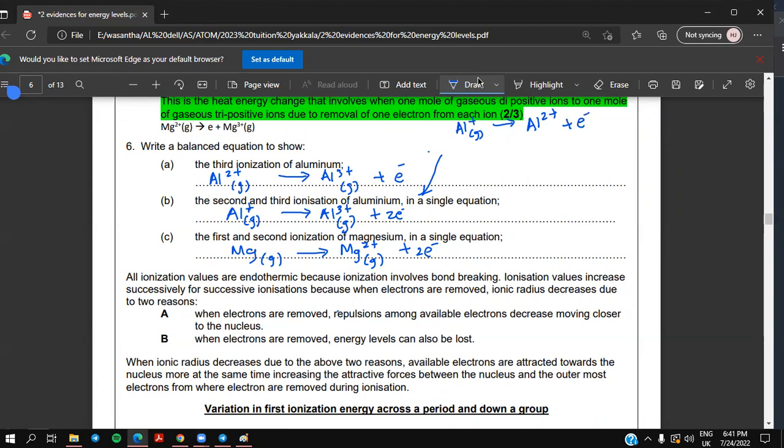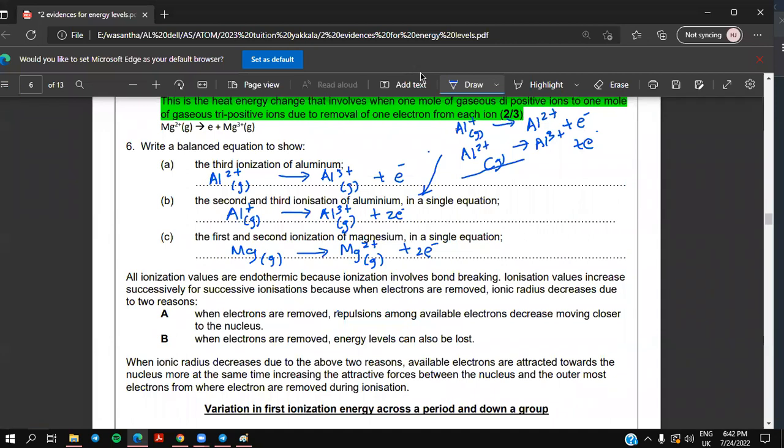Third ionization means aluminium 2 plus gas giving aluminium 3 plus and an electron. Now this is second ionization. This is a third ionization.